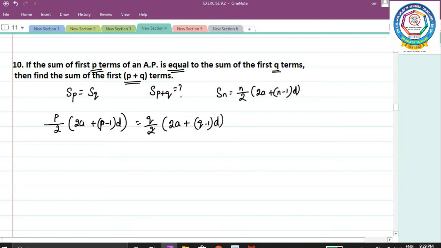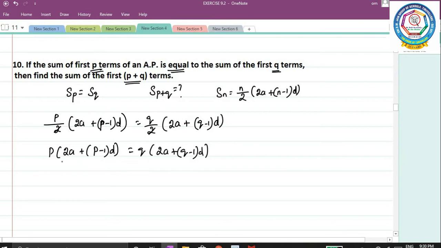Here 2 will cancel, remaining p into 2a plus p minus 1 into d equal to q into 2a plus q minus 1 into d. From this we have to find out S of p plus q.